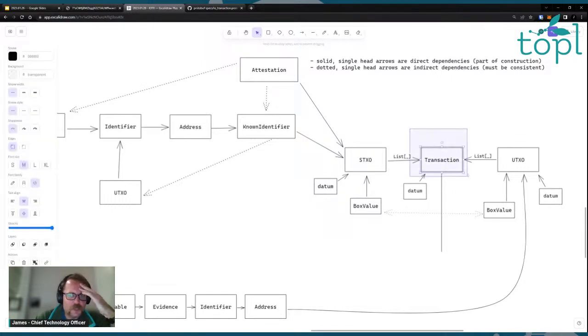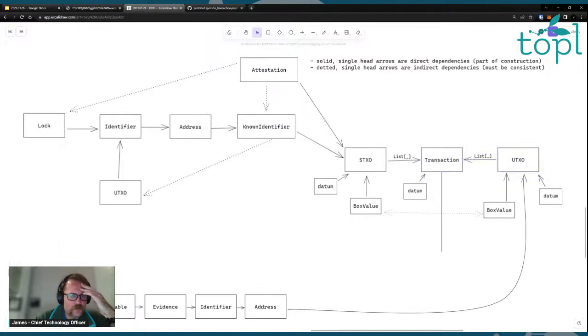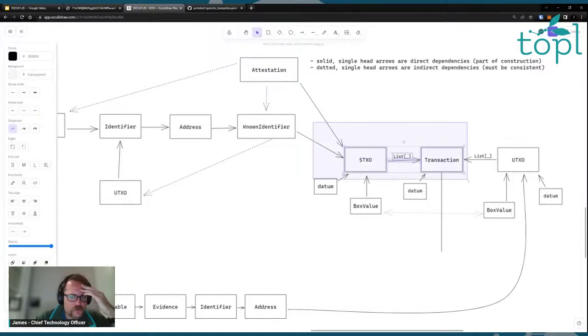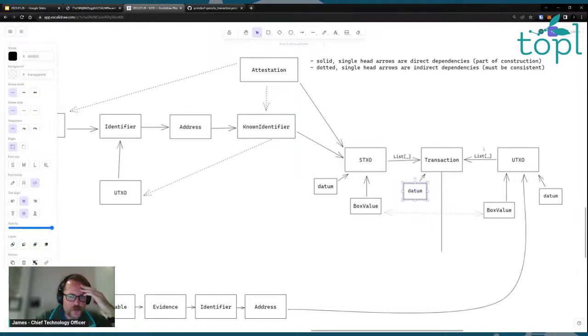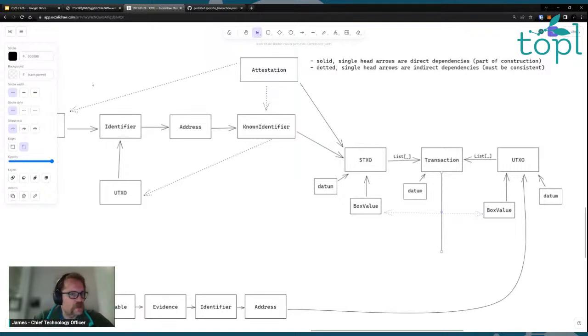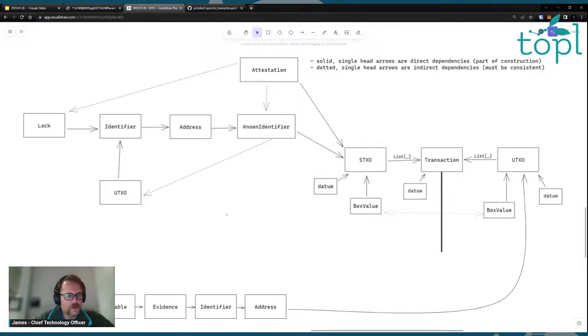But anyway, we can see here we have this transaction, and it takes a list of UTXOs, or just many UTXOs, many STXOs, and a datum. Those are the three arrows pointing into a transaction, and this is reminiscent of the previous. It's supposed to be this solid line showing the STXOs to UTXOs, kind of similar to what we were doing before.